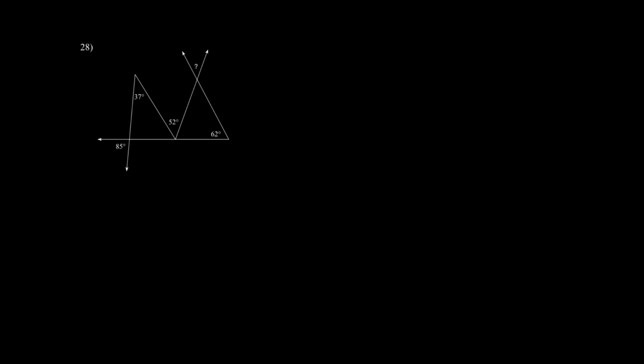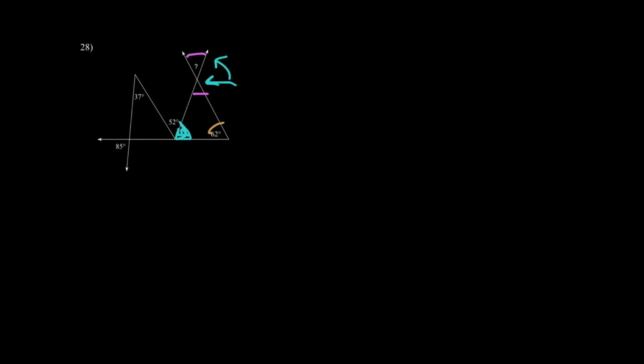And one more example here. This one we have a few steps we have to do before we can find this question mark angle here. First thing I'm noticing is that I have vertical angles between those two. I'm given 62 degrees down here, and I know if I can find this angle measure, well, then I'm going to be able to use the Triangle Sum Theorem to get this angle, which will then give me this angle.